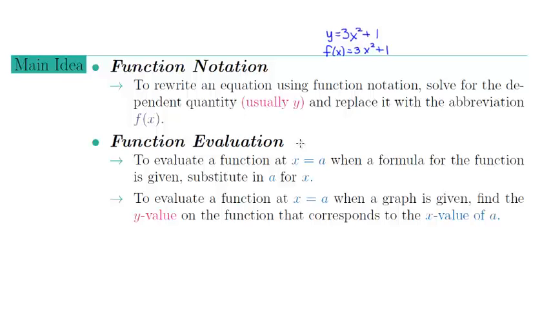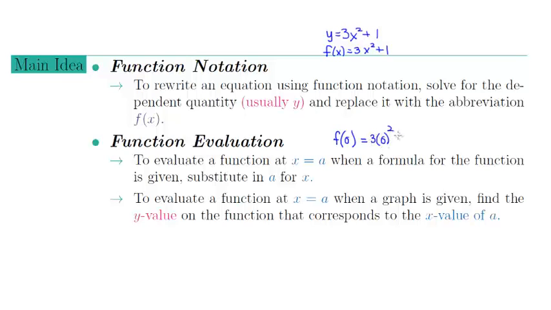We also discussed function evaluation. To evaluate a function at x equals a, when a formula for the function is given, we simply substitute a for x. For instance, let's suppose we refer to our function and we substitute in the value 0 into our function. This simply means we take 0 and replace it into our function everywhere we see an x.